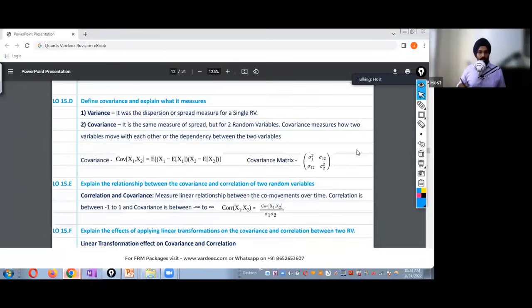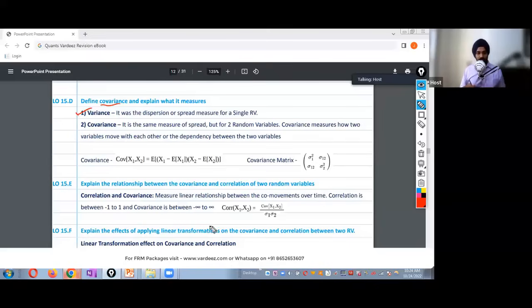Okay, what about the covariance, and explain what it measures? Now variance is the spread, or the measure of dispersion. If the mean is here, how far your data goes away from the mean, that is the variance. But that was for a single random variable.